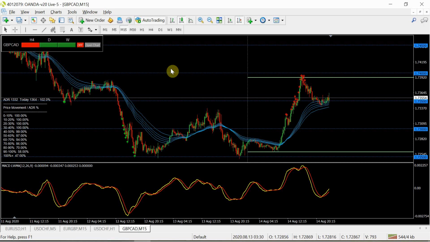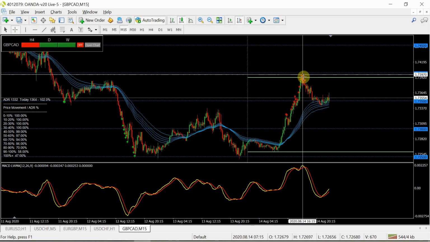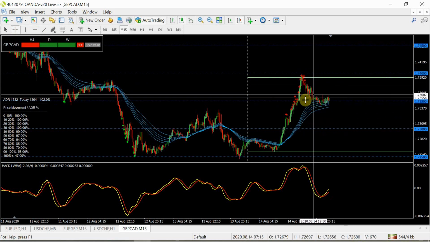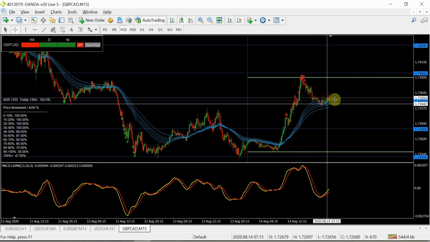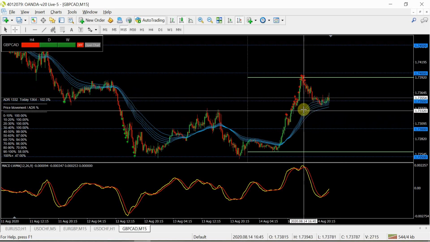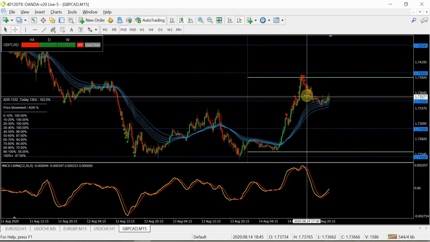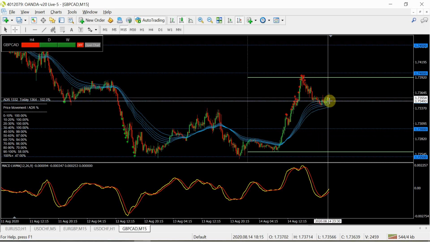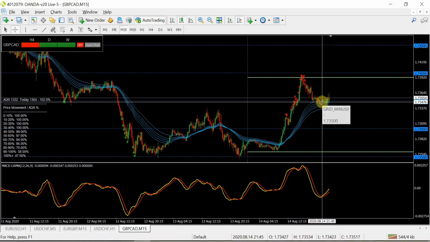An example of how to use this would be, you can see over here is where you've got price coming down to a round number level, and as you can see, price has halted at that level, and you can also see that the moving averages are becoming a nice little bed there for additional support.